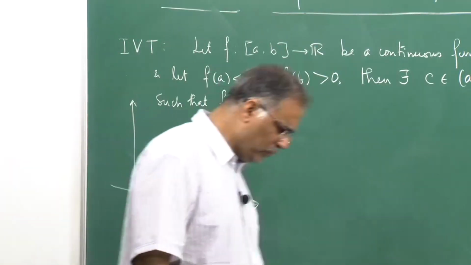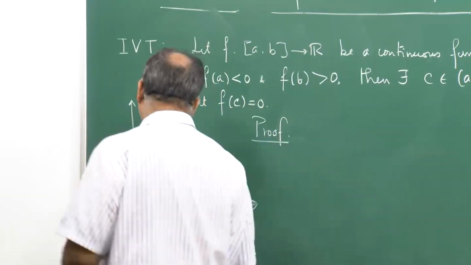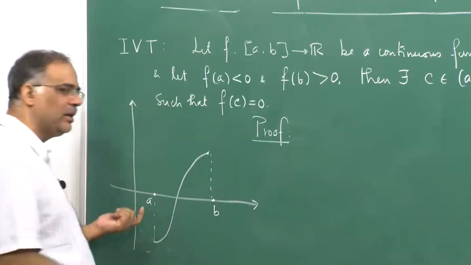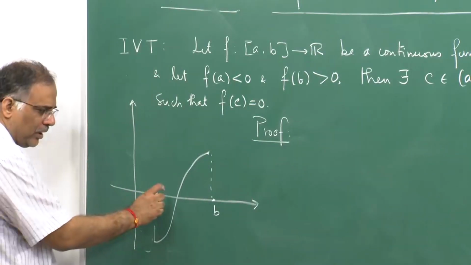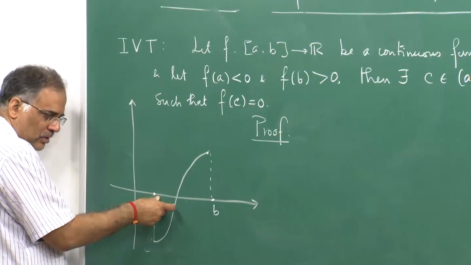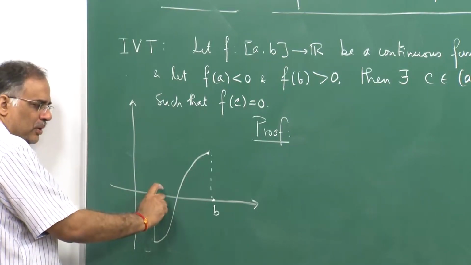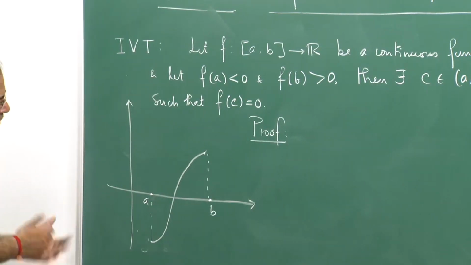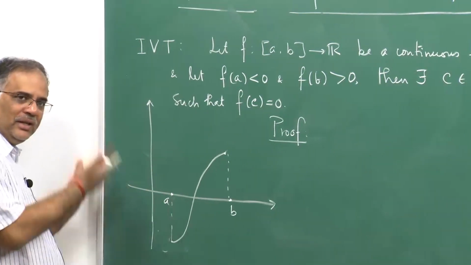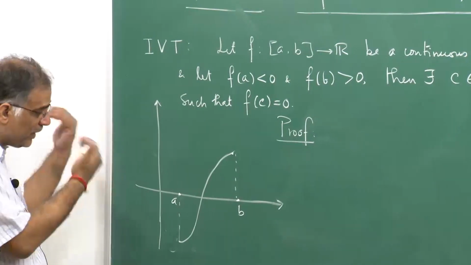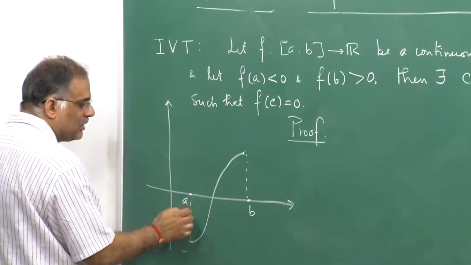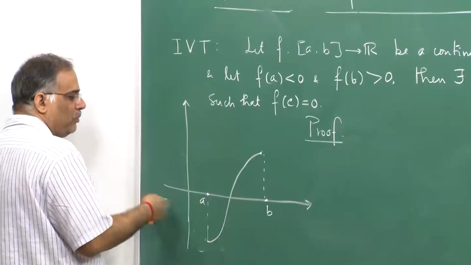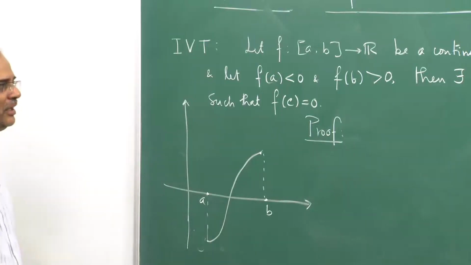In order to do the proof, first I have to observe that since f is continuous and f a is strictly negative, there is a neighborhood around a. Here I cannot have full neighborhoods, but only half neighborhoods. So, there is a neighborhood around A such that f of x would be strictly less than 0. I can find a delta such that in the interval A to A plus delta, for all x, f of x would remain strictly negative.